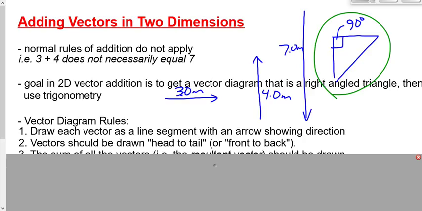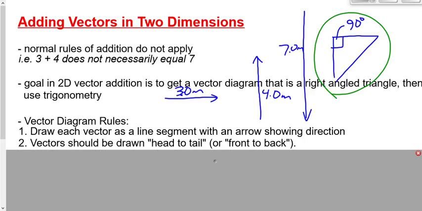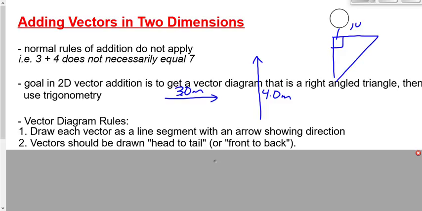Now remember, you should always draw your vectors head to tail or front to back. What does that mean? Well, if I'm adding 3 plus 4, let's say I'm adding these 2 vectors that I have up on the board right now, 3 to the east, 4 to the north, then I've got to draw it like this. 3 east, the arrow is the head of a vector.